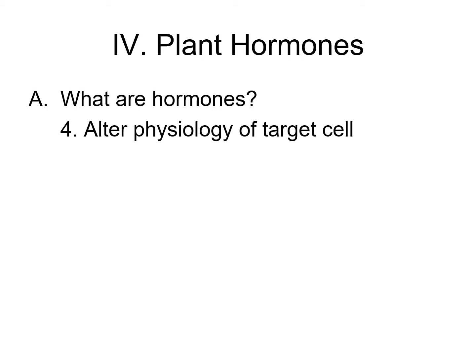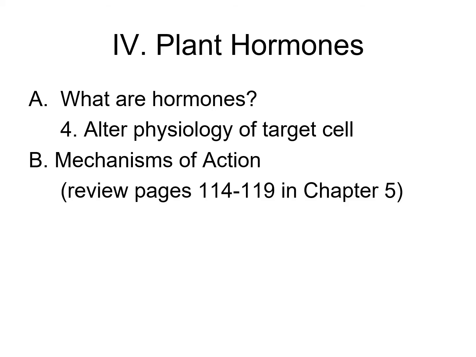Now, there are several different ways in which hormones affect targets. And I'm not talking about specific changes in the organism's body. I mean, at the cellular level, there are several mechanisms by which hormones alter the physiology of their target cells. And the best description of this in your book can be found back in chapter 5.